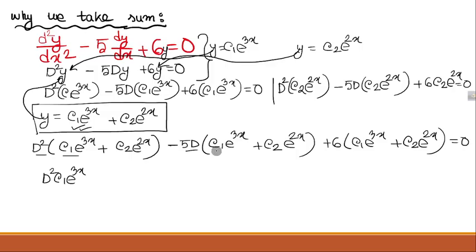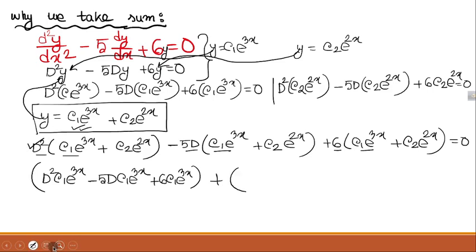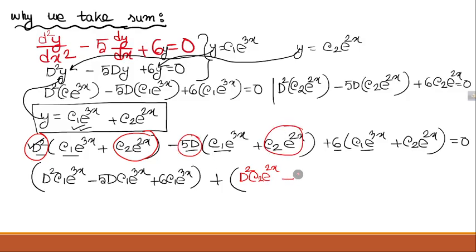Then minus 5d into this is minus 5d c1 e to the power 3x. Then 6 into this is 6 c1 e to the power 3x. Now d square c2 e to the power 2x, then minus 5d c2 e to the power 2x, then 6 c2 e to the power 2x.